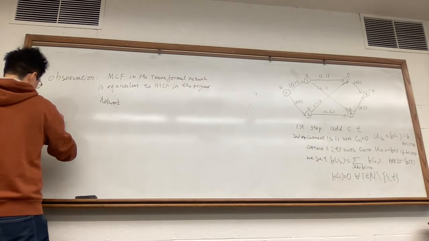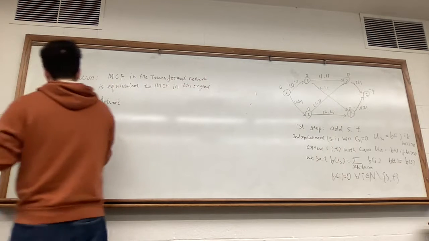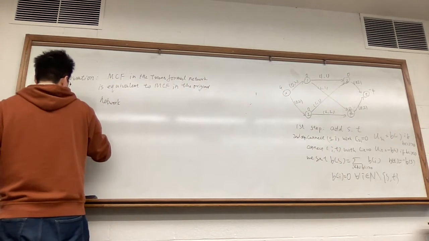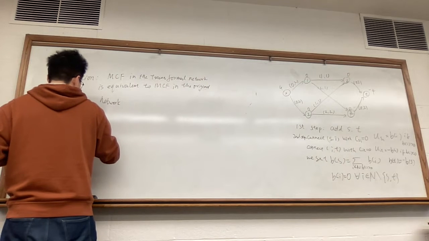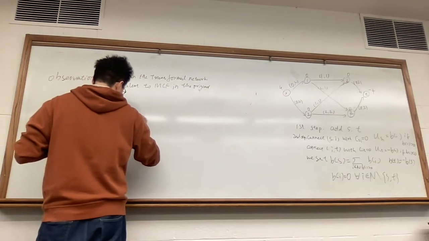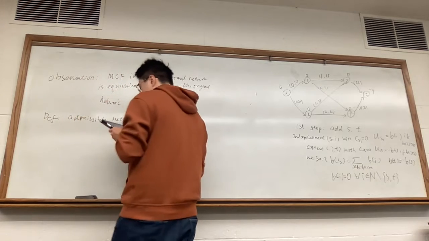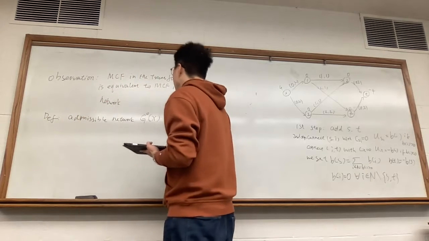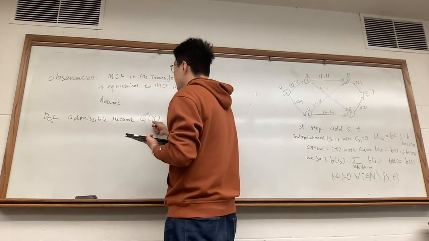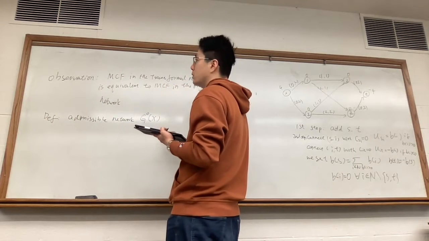Then we define something. In order to carry out the primal-dual algorithm, we need to define something called the admissible network. Let's just call it G0X. From this notation, you will see that it has some information about X, and as we said before, X means a network flow, right?